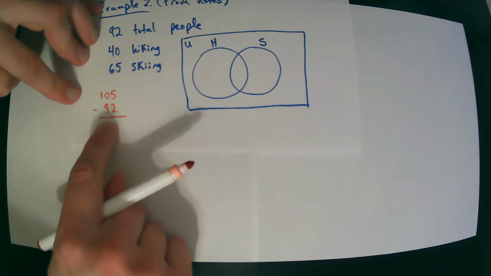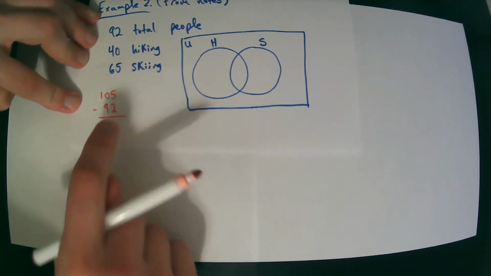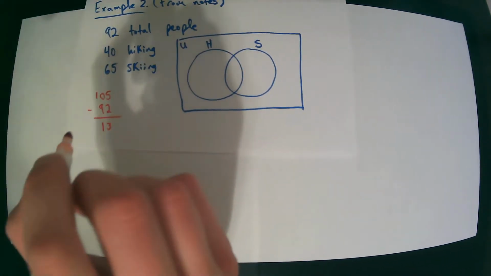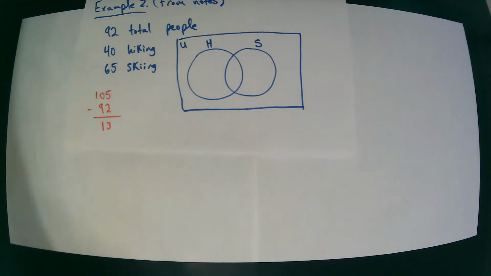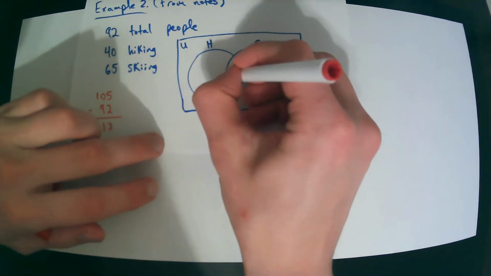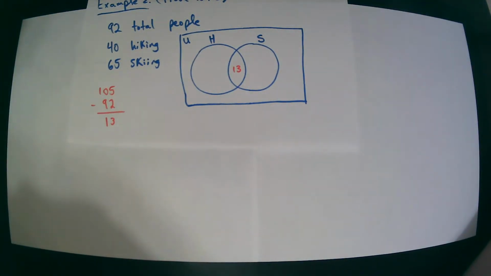And this number will be how many must have done both activities. So we can subtract here, and we'll get 13. This is the number of people that did both activities. So that's all we need to do here.